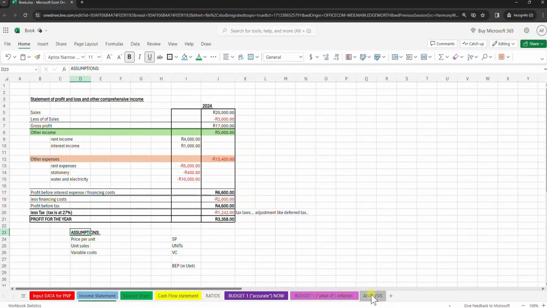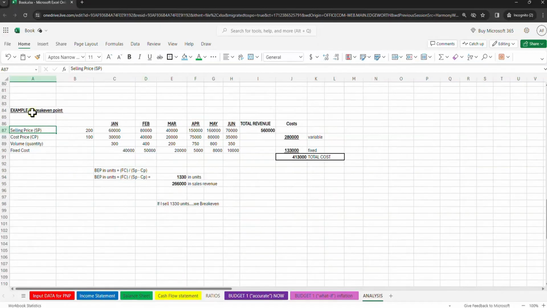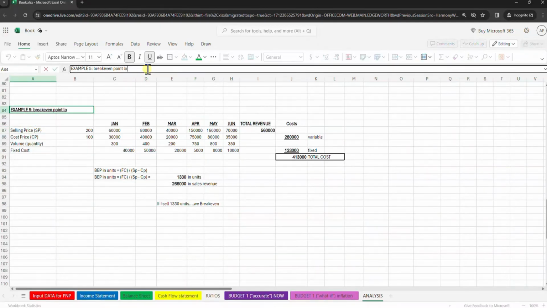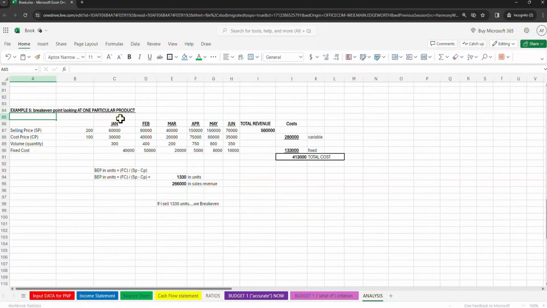What I was trying to do here, this is break-even point, looking at one particular product. So this is one unit. This is a selling price for a product, one product. Does that make sense?